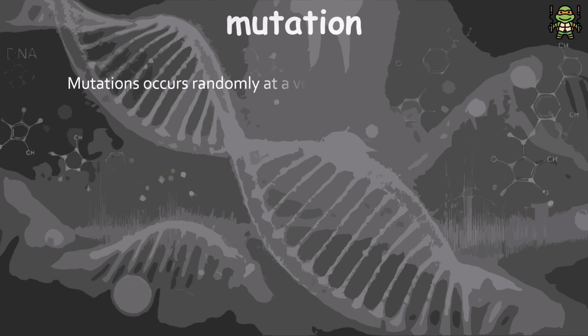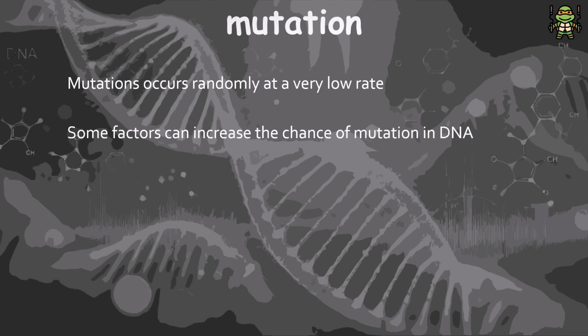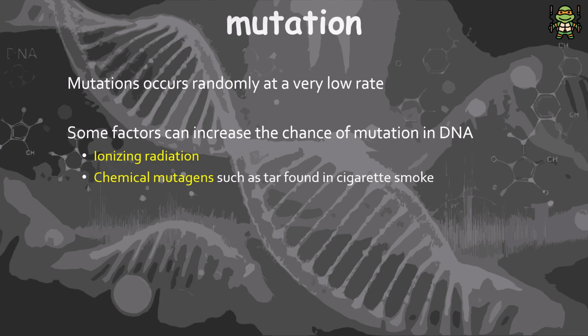Mutation occurs randomly at a very low rate, but there are factors that can increase the chance of mutation in DNA, such as ionizing radiation, chemical mutagens, for example, tar found in cigarette smoke, viruses, and ultraviolet light.